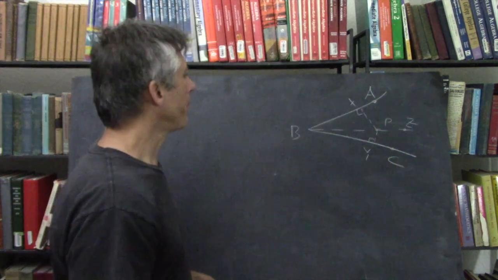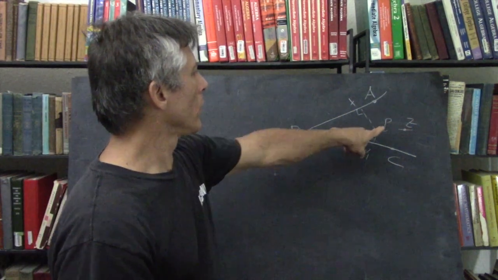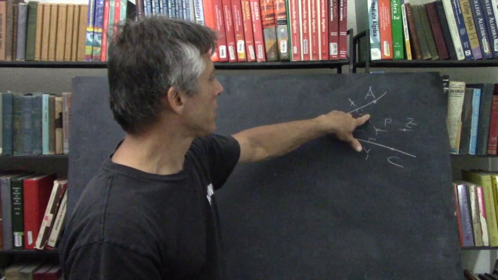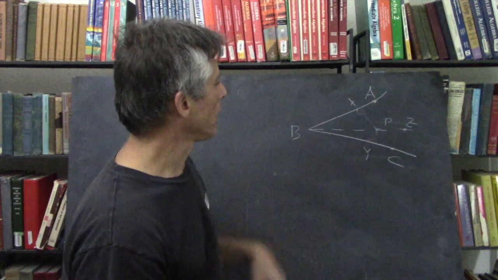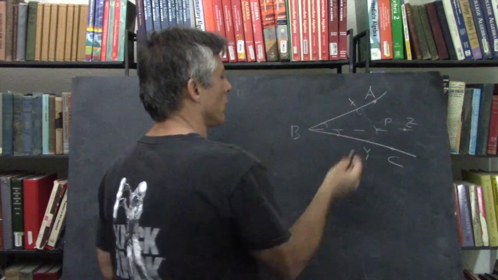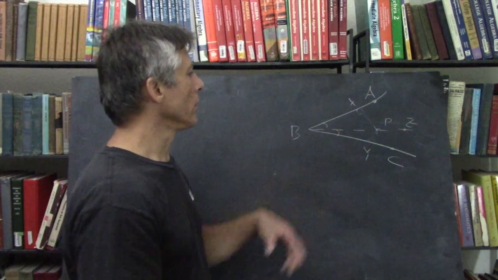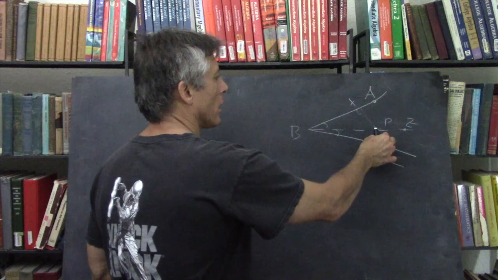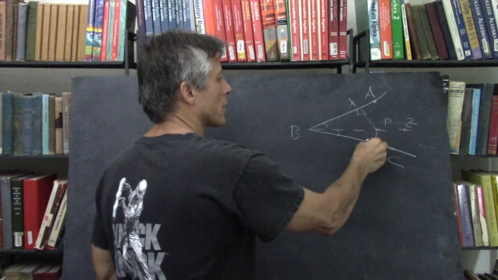Okay, now we're given only that P lies on the bisector of the angle. Okay, so we know that that is equal to that. And we want to prove that this is the same as this.